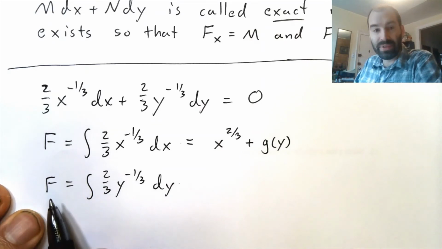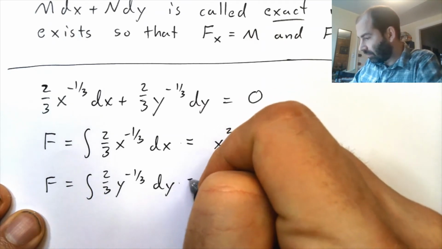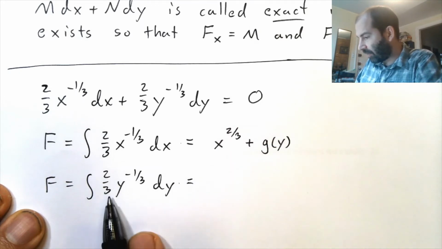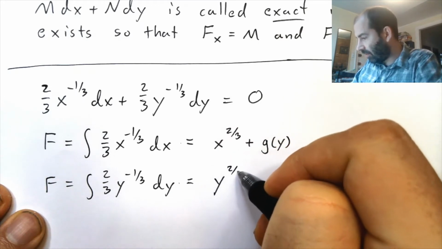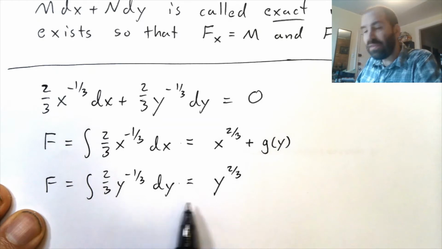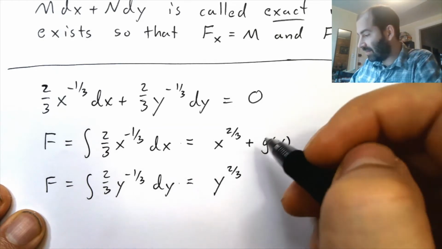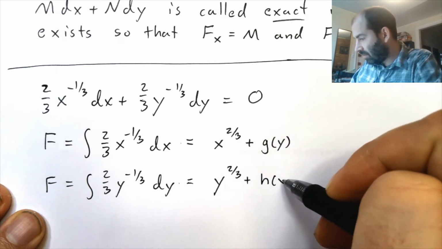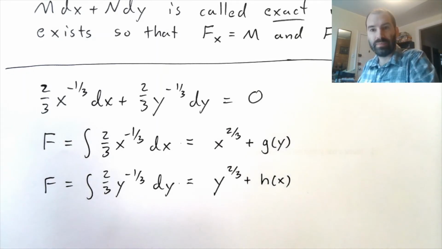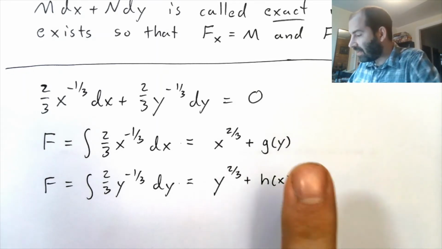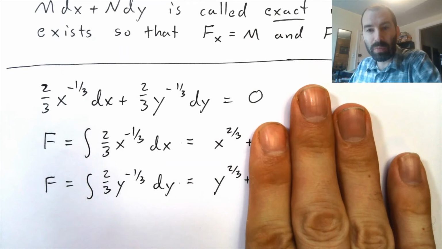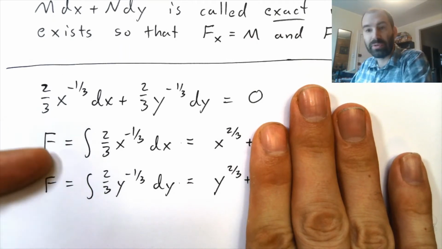Now let's do the same thing down here. With respect to y, I get y to the 2/3. And now any function of x is a constant. Okay, so notice if I didn't write those down, it'd be hopeless. These things are supposed to agree, right?